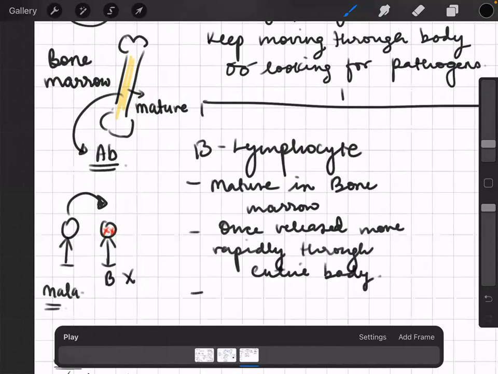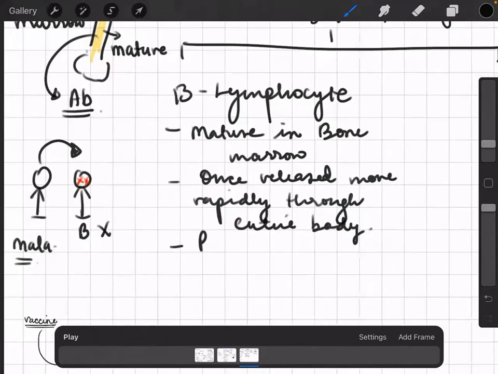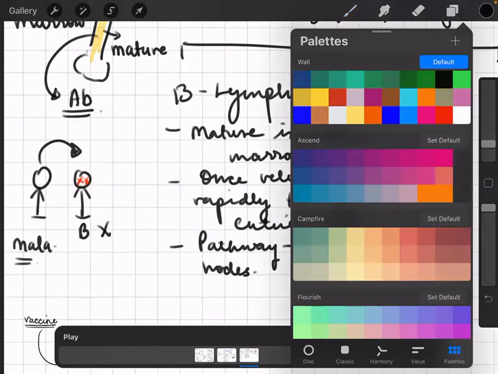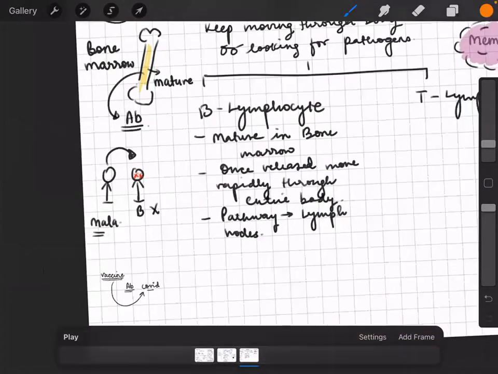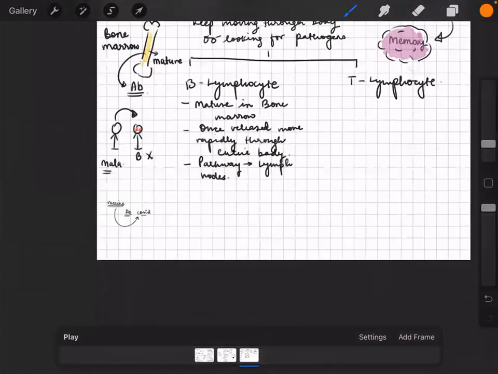Another thing that you want to remember is they follow a pathway to go everywhere, which is they are always going to target your lymph nodes. Okay, now what are your lymph nodes? Lymph nodes are those structures in your system, okay, which are going to allow a lot of your body fluid to be reabsorbed if there are certain injuries, or if there's some extra tissue fluid that is present.